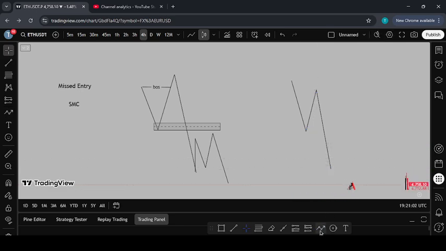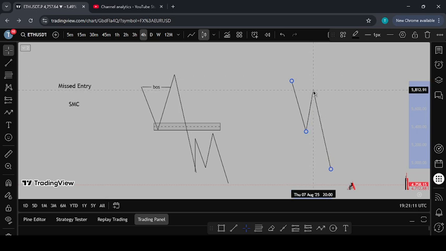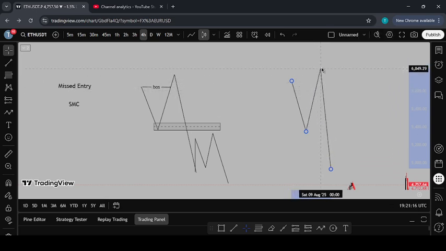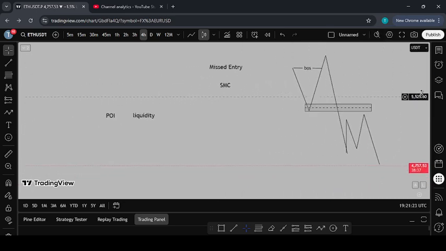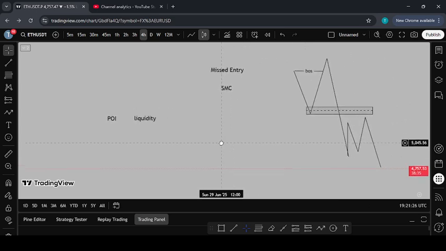It makes a move like this, breaks to the downside. You get that one did not create a break of structure. It creates the move to the downside without creating a break of structure. A clear example I'm going to show you on charts so you understand very well.